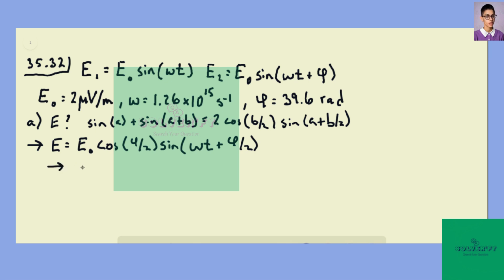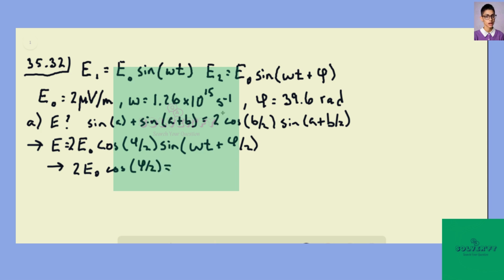So the amplitude then, sorry, I forgot a 2 here. So the amplitude then is just 2 E naught cosine of phi over 2.